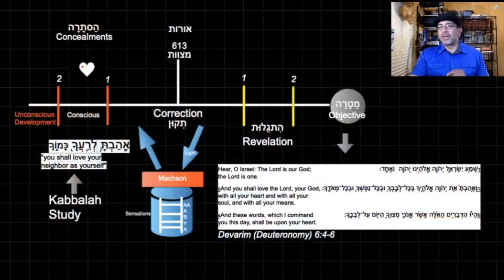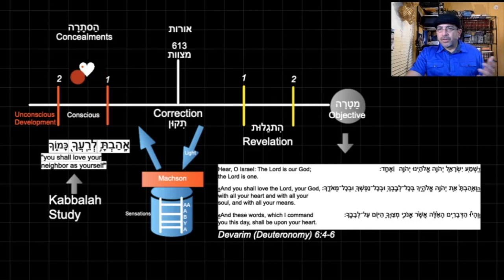Okay, so before we start, I want to make sure that we touch base on the last lesson very quickly. Remember this part over here in which we are in concealment.